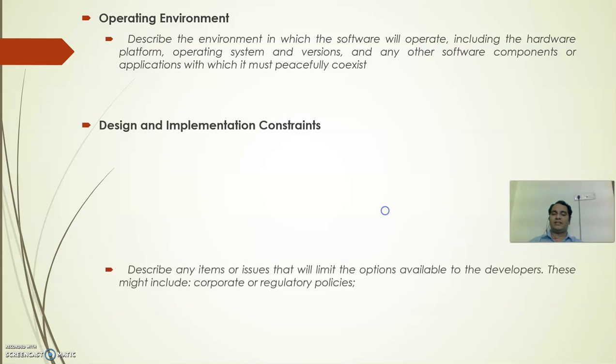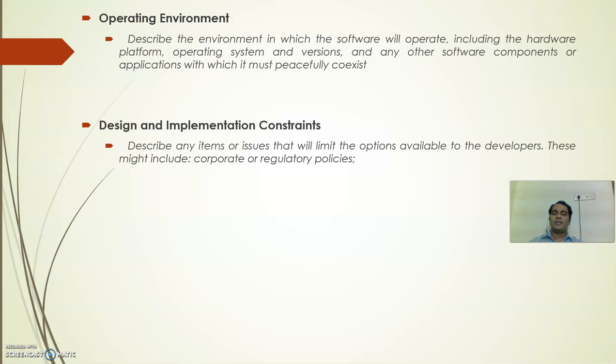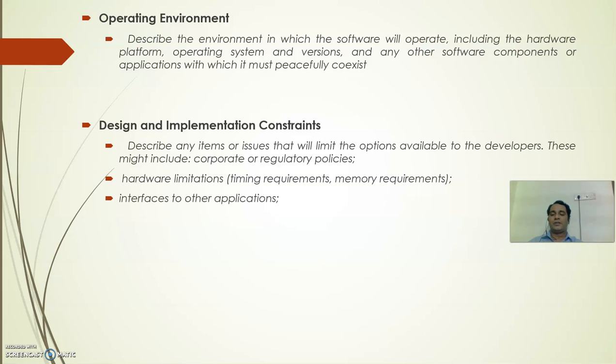Design and implementation constraints need to be mentioned. Describe any items or issues that will limit the options available to the developers. These might include corporate or regulatory policies. Hardware limitations like timing requirements or memory requirements should also be clearly specified here.